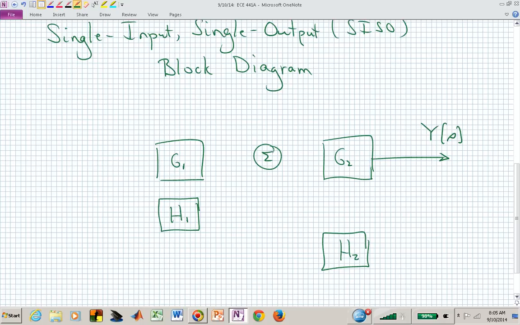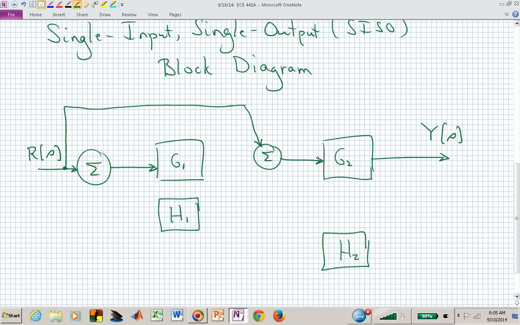We'll call that Y. And going into G1 will be the output of a summing junction, and the summing junction's input will be R of S. And let's go ahead and take that R of S and also feed it all the way and have it more directly connected to G2, although it's indirectly connected if I put a line right there from G1.